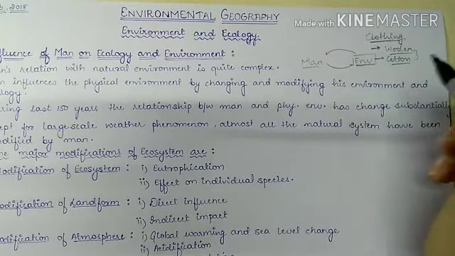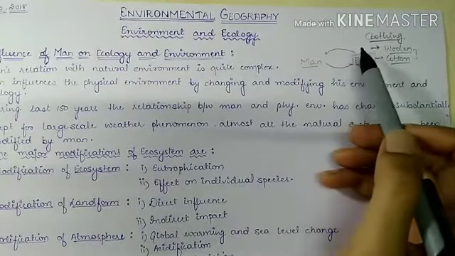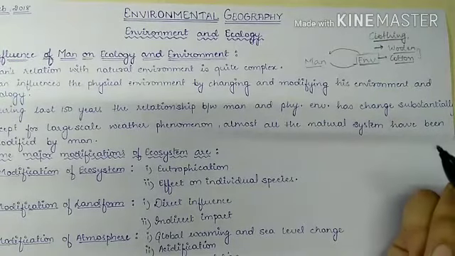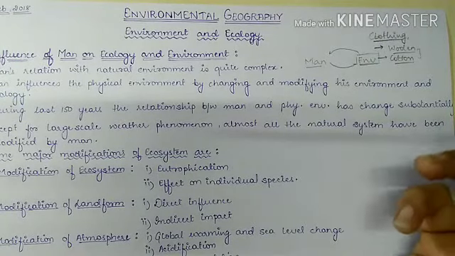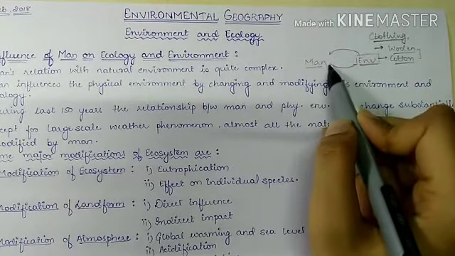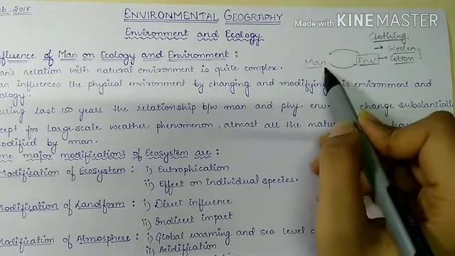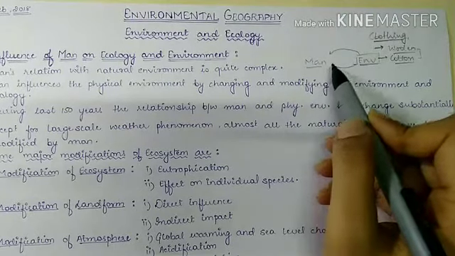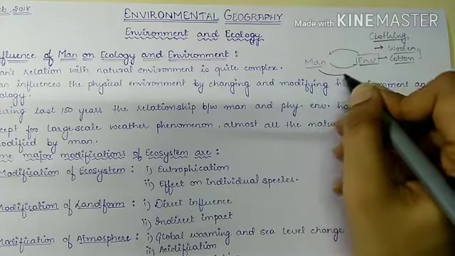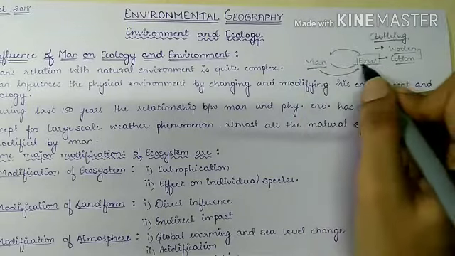And how does man influence the physical environment? See, industrialization has brought about various changes and modifications in the environment and ecology, to adapt it to himself, or we can say for his luxury and for more sustainability, man has influenced the environment.